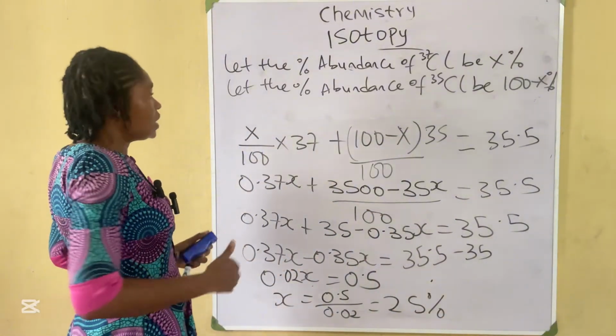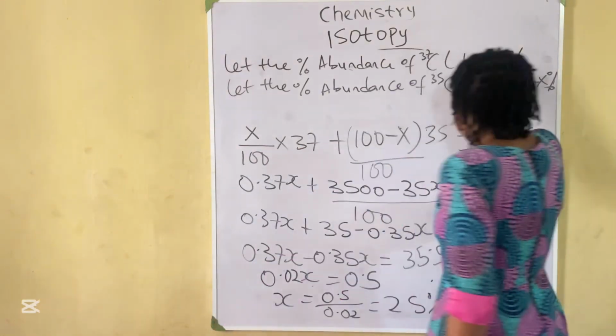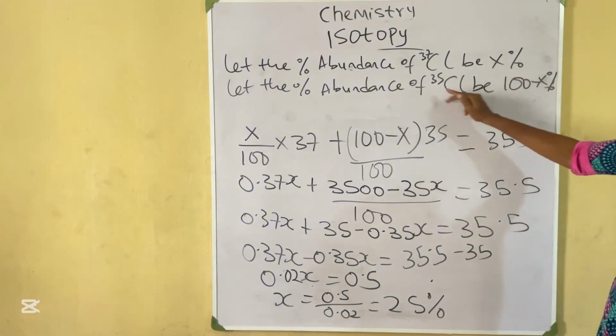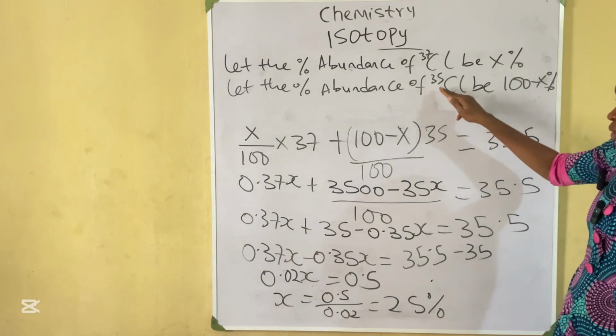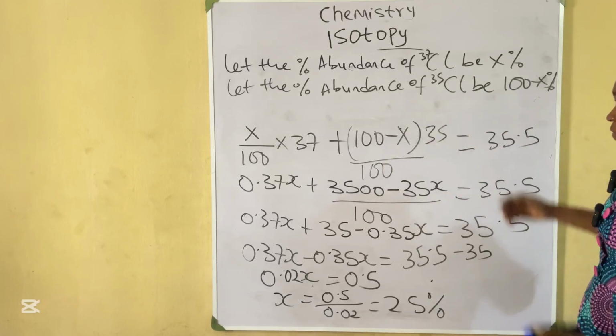So remember the statement to say let the percentage abundance of chlorine with isotope 37 be what? X percent. So I've gotten our x to be what? 25%. How do we get the percentage abundance of chlorine with isotope 35? It will now be what? 100 minus 25.